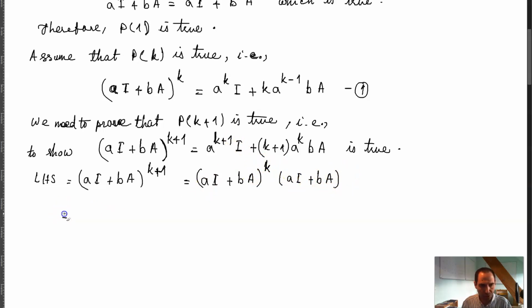And that would be equal to this expression times this expression, because (aI + bA) raised to the power k is basically this expression here, based on the assumption that we have made. So we have a raised to the power k times I, plus k times a raised to the power k minus 1 times b times A, whole multiplied by aI + bA.